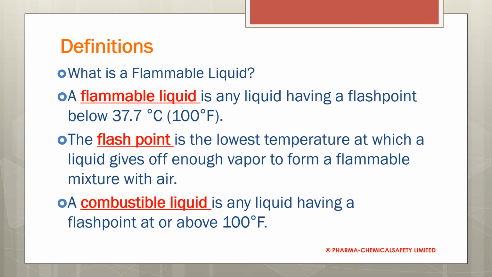The flash point is the lowest temperature at which a liquid gives off enough vapor to form a flammable mixture with the air. What is a combustible liquid? It is any liquid having a flash point at or above 37.8 degrees Celsius, or 100 degrees Fahrenheit.